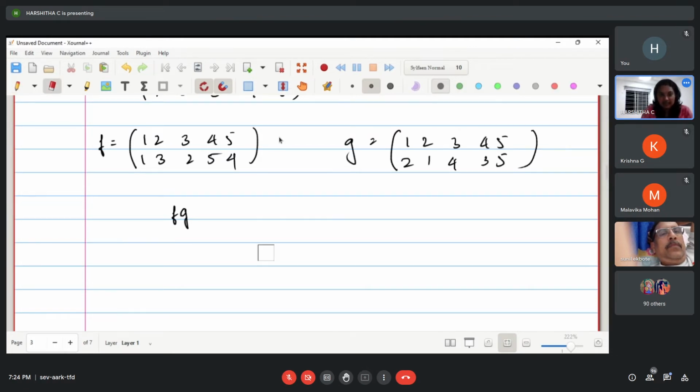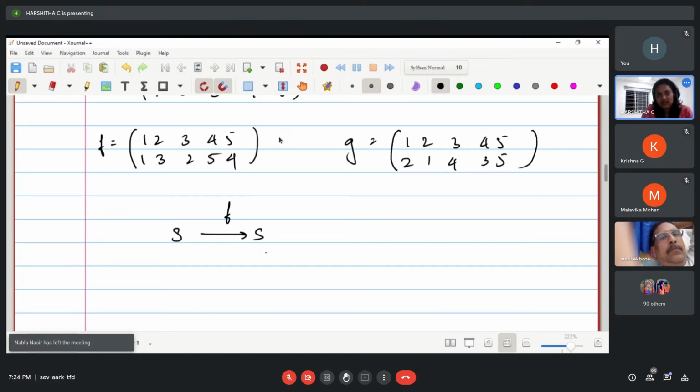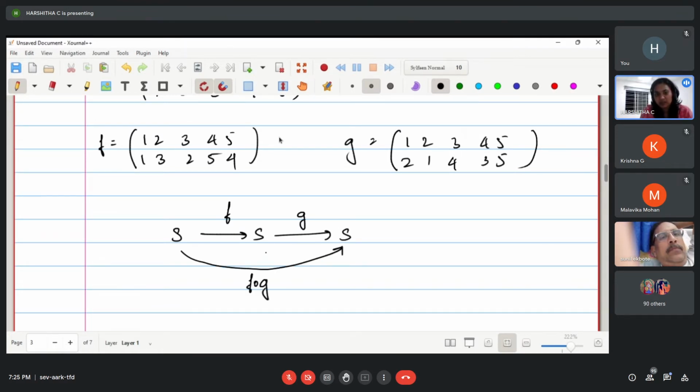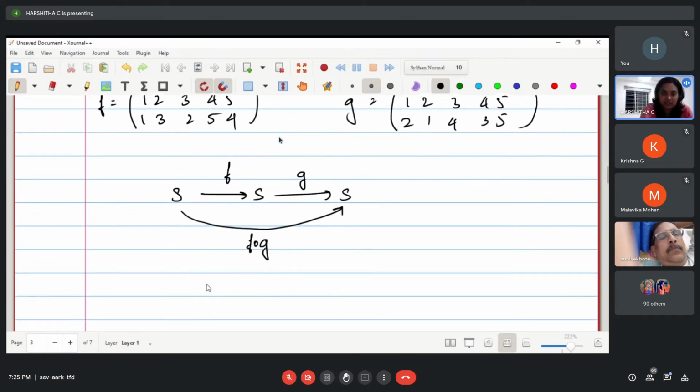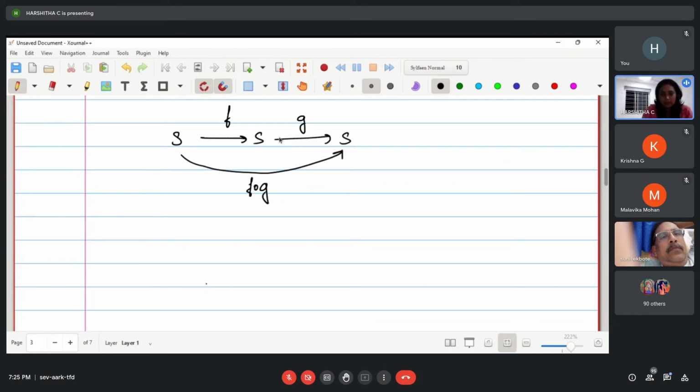F is a function from S to S, and G is also a function from S to S. So we know what it means to take the composition of functions. F composite G, we know what this is. This is how we'll define the product of permutations, it's just composition of functions.